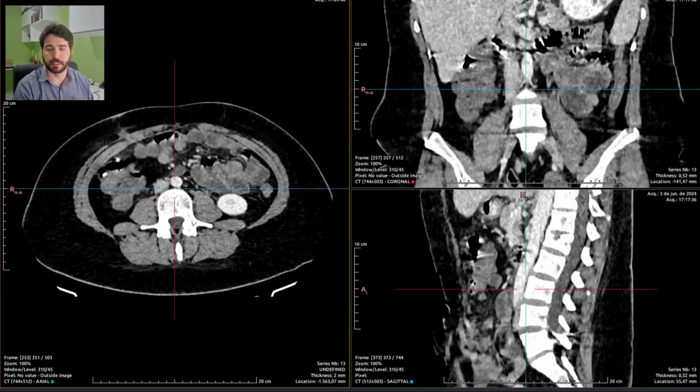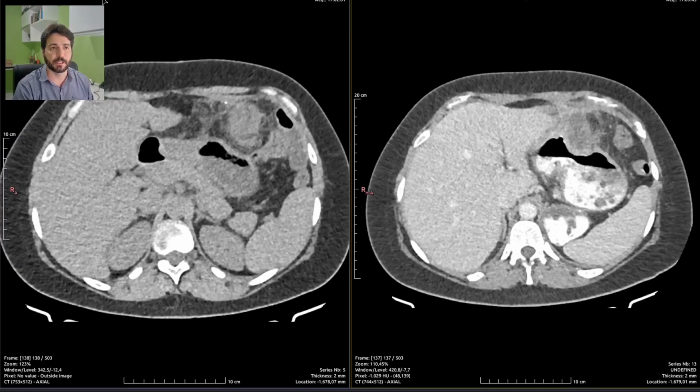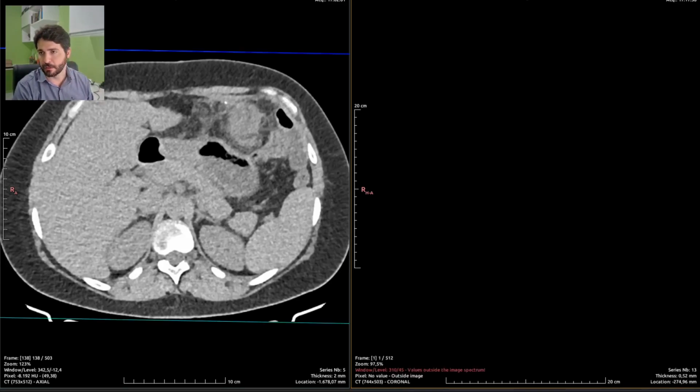So I did an MPR, so I can measure that fluid collection more confidently.